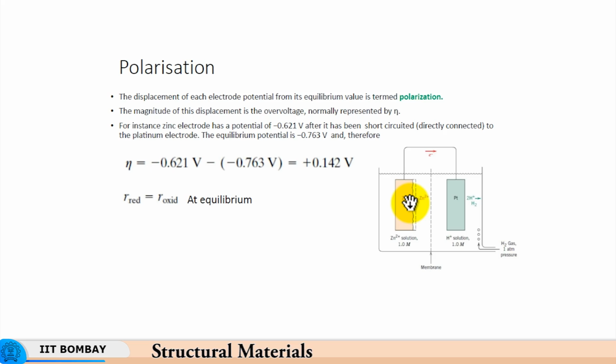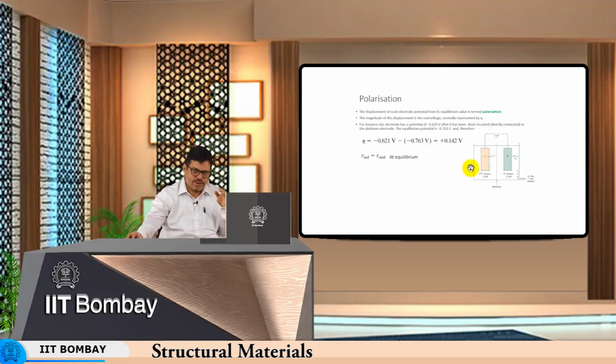So, when the electrode is corroding, it will deviate either towards the negative side or positive side of the equilibrium potential. Let us assume that for this non-equilibrium condition, the electrode has a potential of minus 0.621 volts and the equilibrium potential is minus 0.763 volts with respect to hydrogen. So the non-equilibrium potential is minus 0.621, which is different from the equilibrium potential of 0.763 volts.